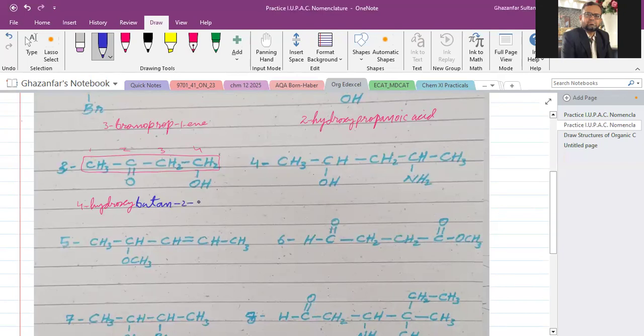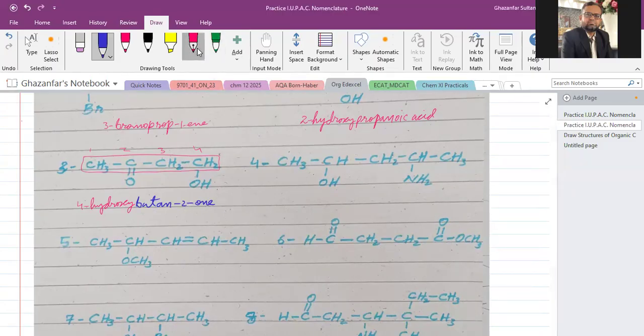So it is butan-2-one. And you can even ignore the position here because up to butanone, the ketone group is always on the second position. But I suggest you better write the position as well.